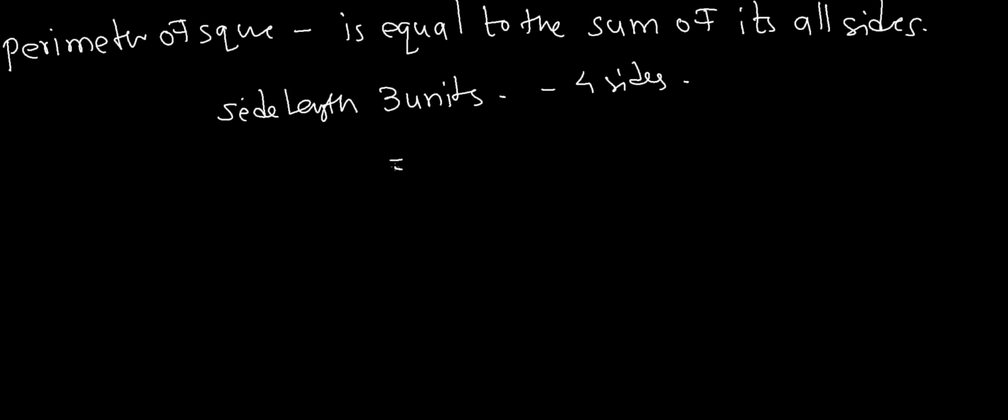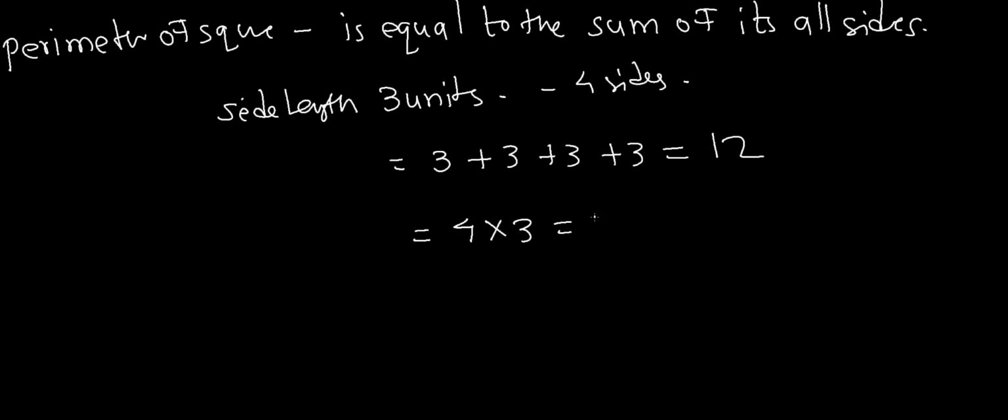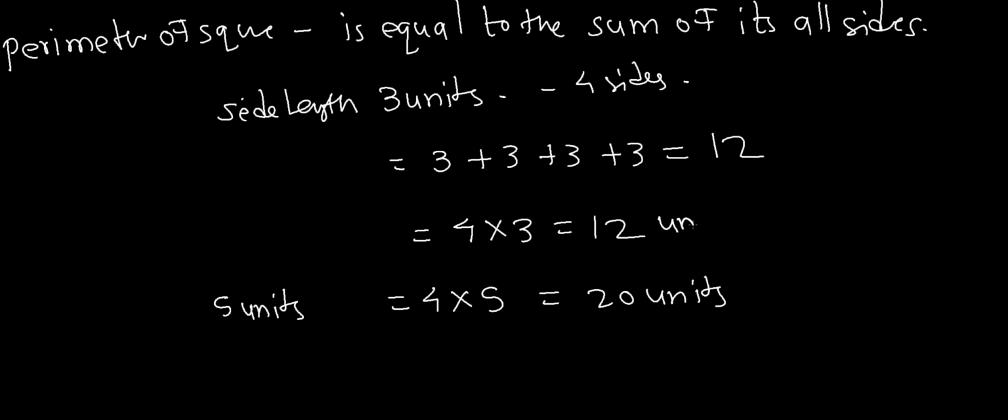So we need to add 3 plus 3 plus 3 plus 3, which equals 12, or this can also be written in the form of multiplication as 4 sides each 3, that is 4 into 3 as 12. So if we take a length of 5 units for a square, its perimeter will be 4 into 5, 20 units.